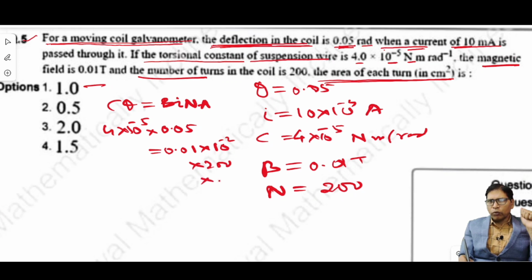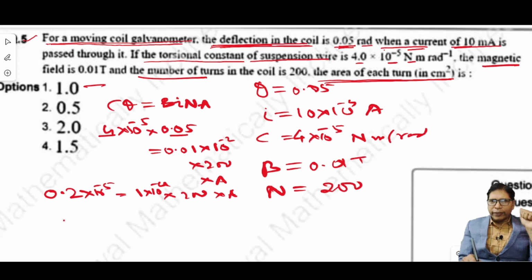You have to calculate. Now this is 20, and this into this gives 0.2 into 10 to the power minus 5. Now this is 10 to the power minus 4 into 200 into A.